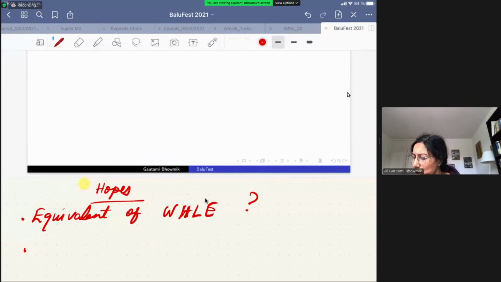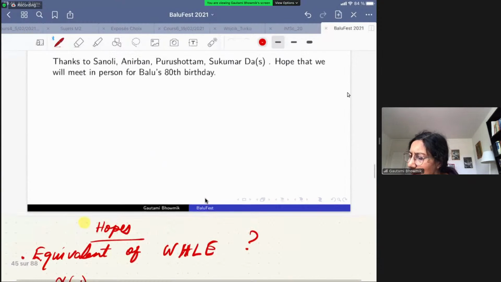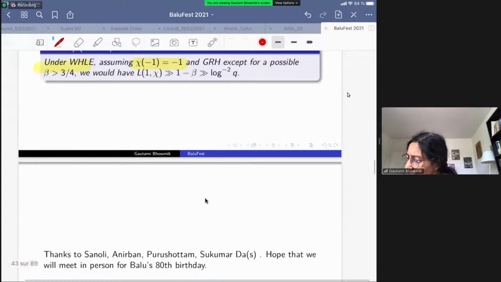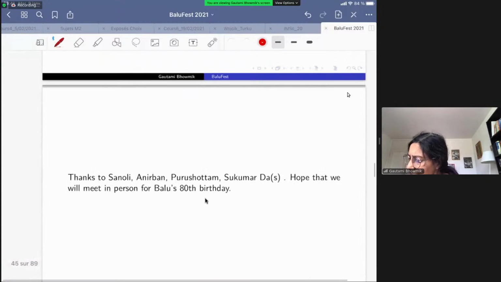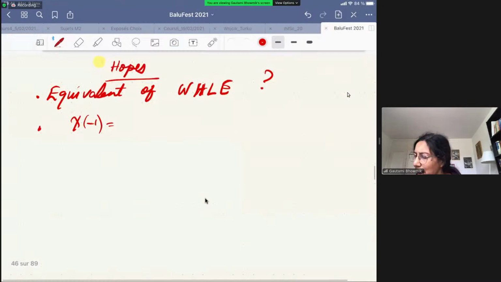Something else that is irritating is this: chi minus 1 is equal to minus 1. Can we forget this?